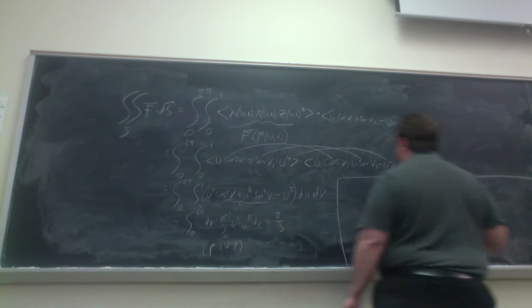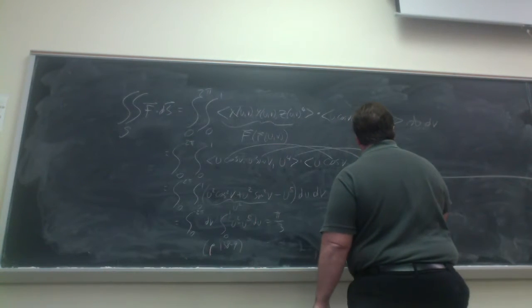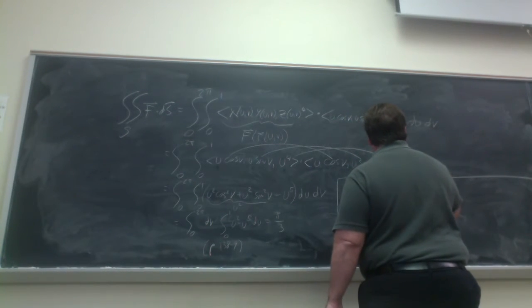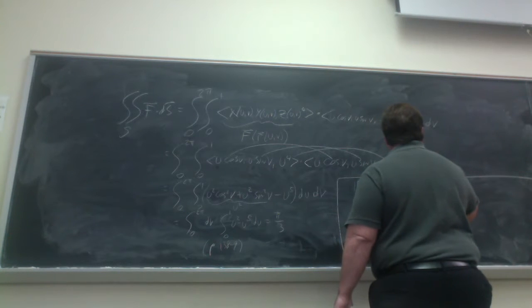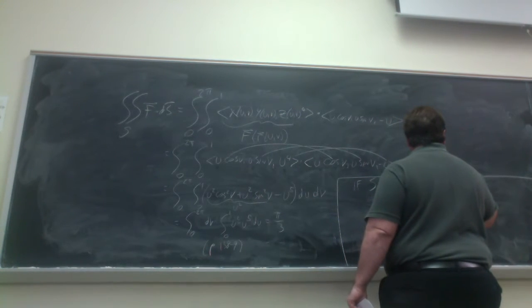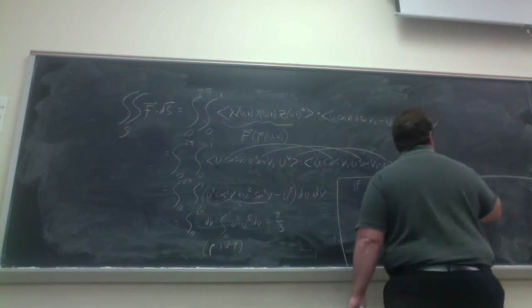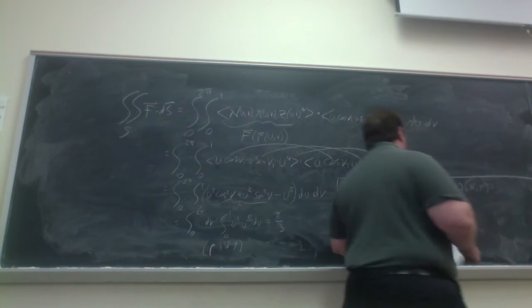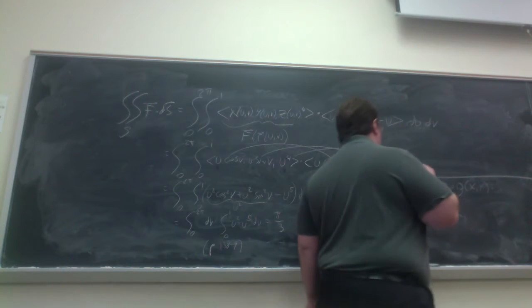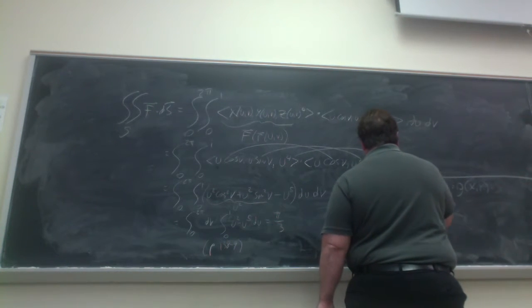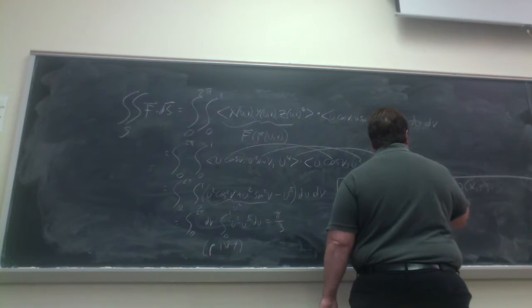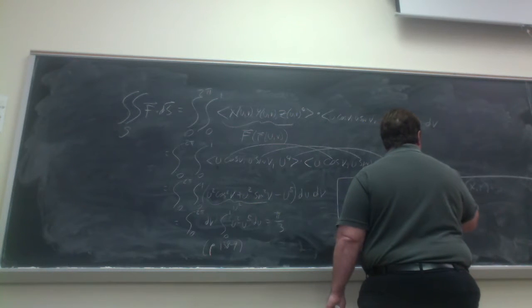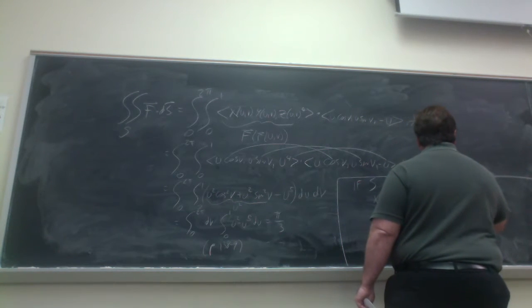If S is defined not by parametric equations, but as a graph, z is a graph of a function of x and y, then your parametric equations are x is equal to u, y is equal to v, and then z is equal to g of u and v.